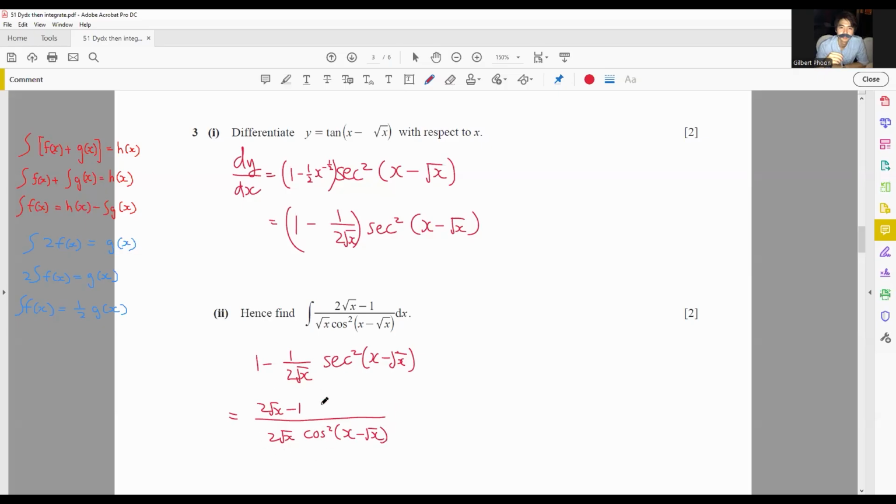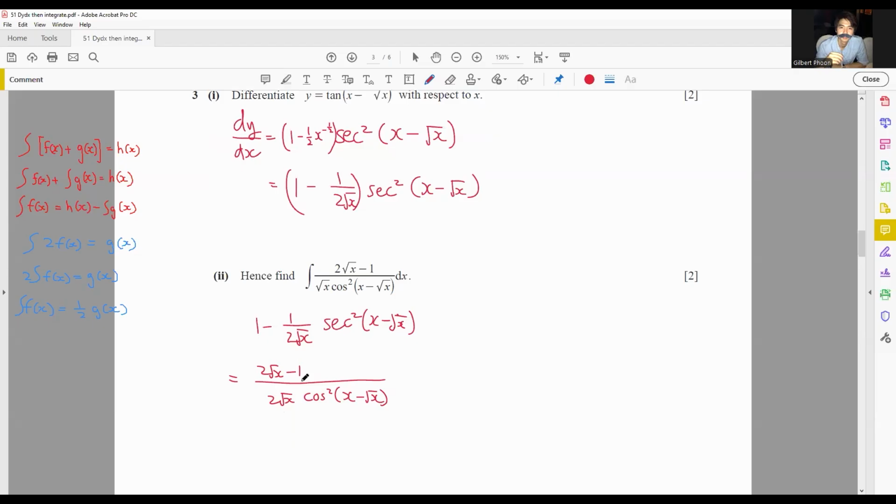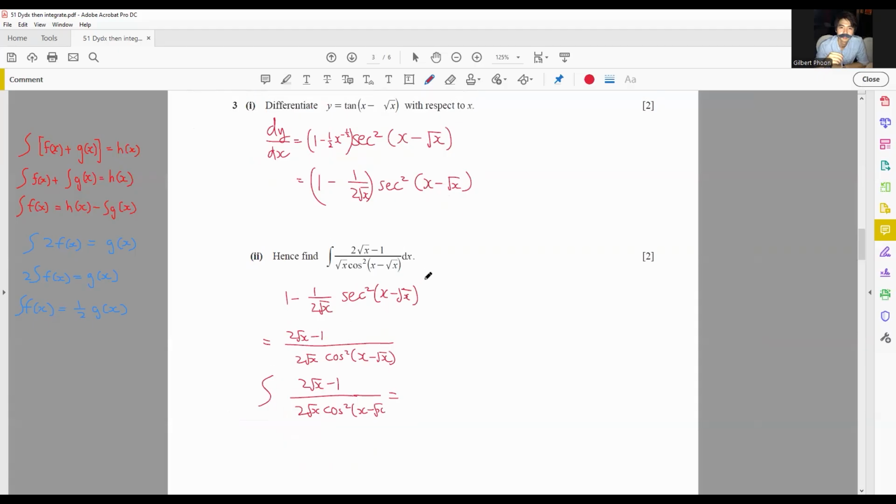Now that we have this, we can actually just simply bring out the 1 over 2 at the bottom. So when we integrate this, integrate 2 root x minus 1 over 2 root x cos squared of (x minus root x), like so. This is actually equal to previously tangent of (x minus root x).